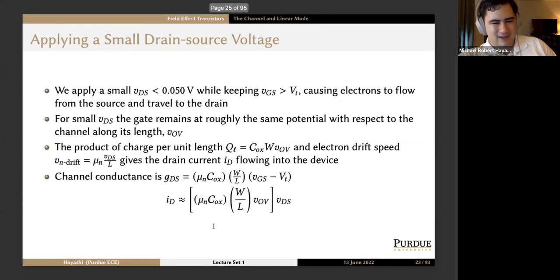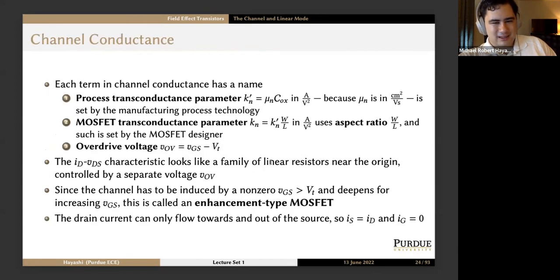If we look back at this equation, we can see that if we have VOV as a parameter, we can keep increasing it. So it's going to look like a family of linear resistors through the origin. And that's kind of a big idea: small drain to source voltage means that we're in the linear operation. So it's going to look like a bunch of resistors, depending on the level of VOV.